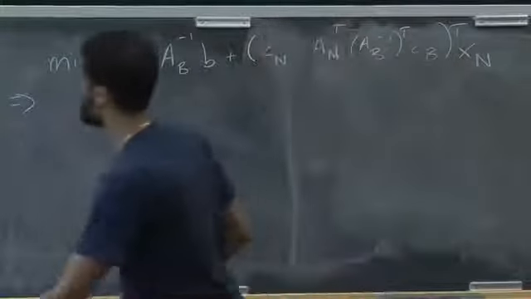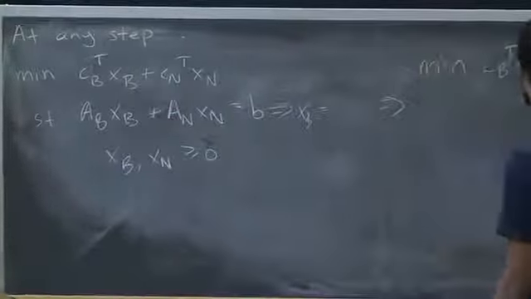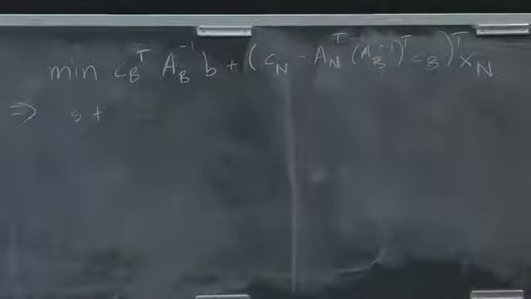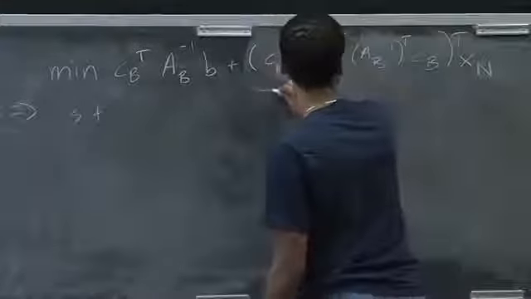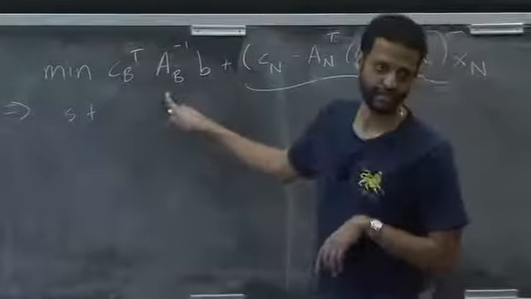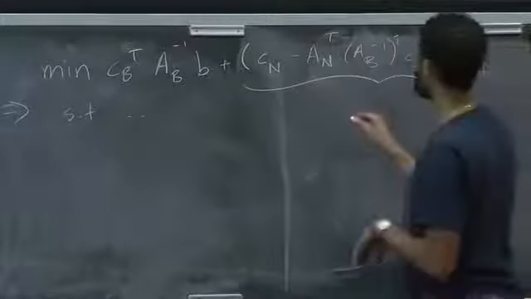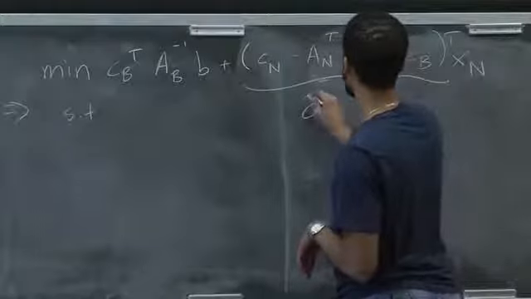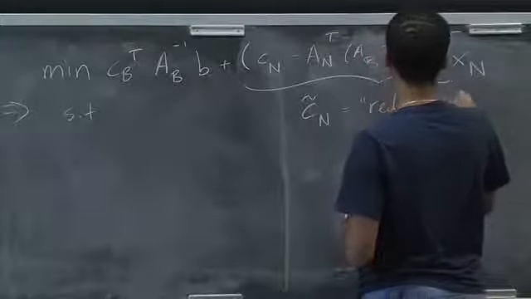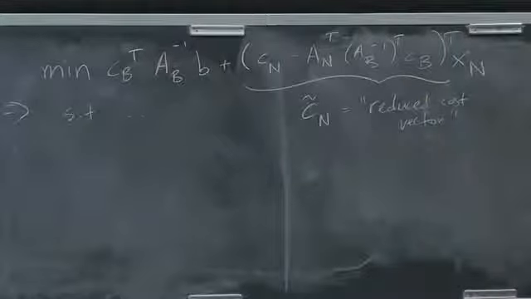This is what you get after you substitute this expression for x_B in here, and then subject to those same constraints. And this thing here is some new cost vector. So this is a constant, right? This doesn't depend on the variables at all. So the only thing that depends on the variables is this thing, which I'm going to call c_N tilde, the reduced cost.